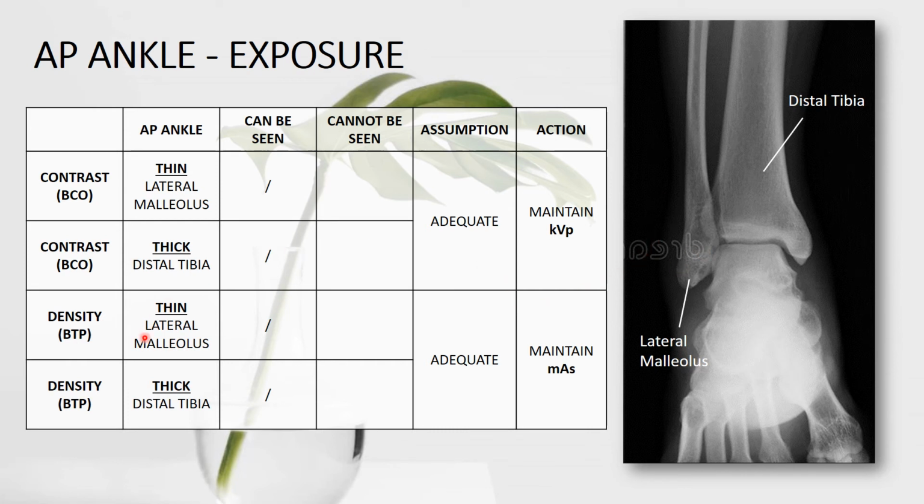The bony trabecular pattern of the thin structure, the lateral malleolus, can be seen, and the bony trabecular pattern of the thick structure, the distal tibia, also can be seen. So the assumption is the mAs used is adequate. So as a conclusion, the kVp and mAs must be maintained.